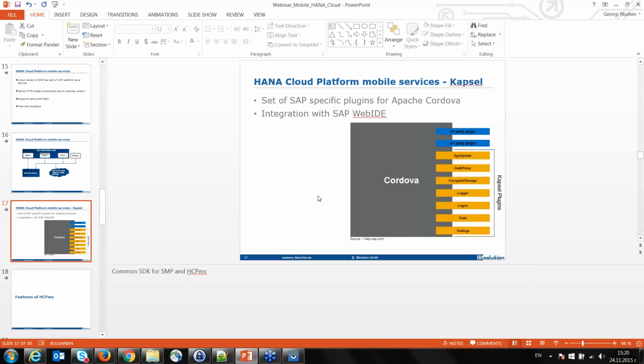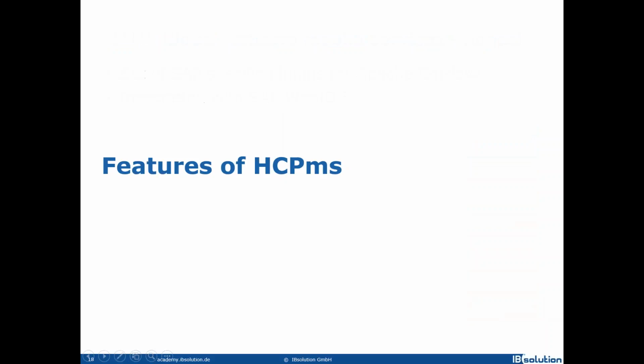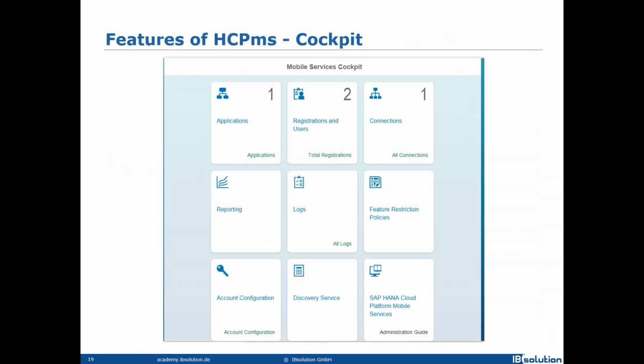So let's not lose any more time. Okay. All right. So the features, as I said, for those of you who are already familiar with the on-premise version, there's pretty much not much different here. This is the cockpit, the administration cockpit of the platform.